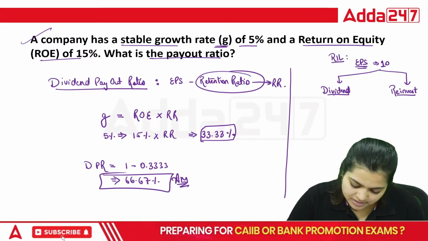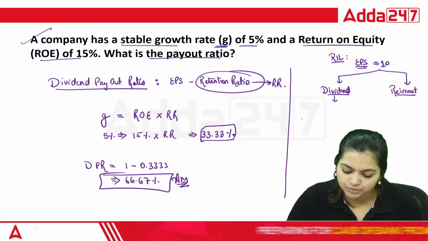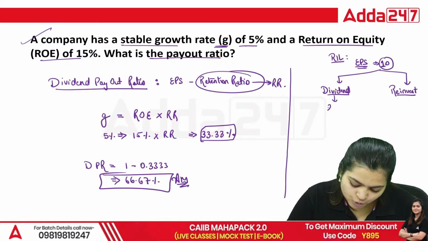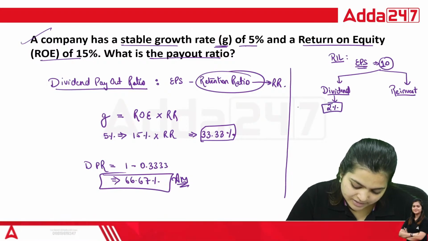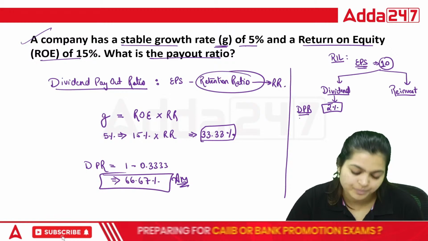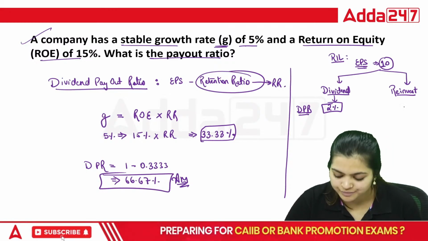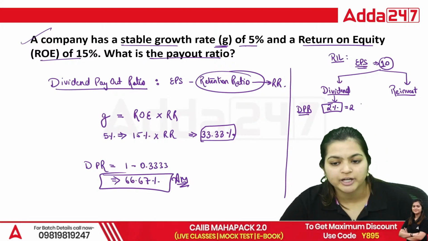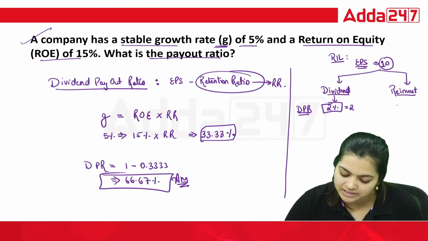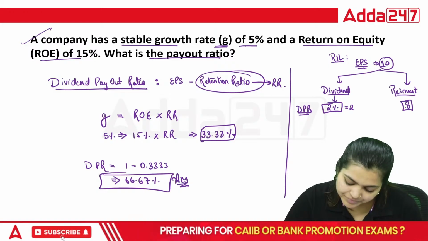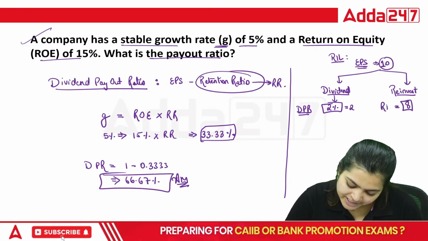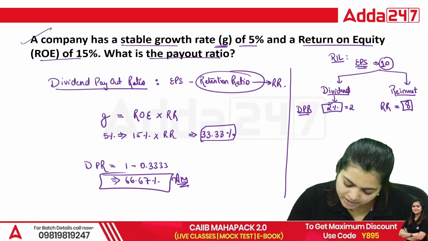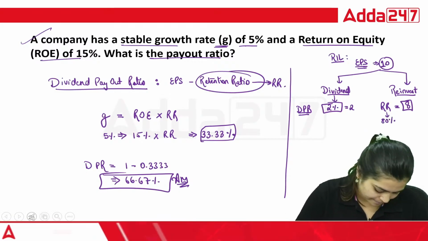So this dividend amount they are paying out of this 10, suppose they are paying 2 rupees, that is the dividend payout. And the remaining amount they are investing. If they are paying 2 rupees to their shareholders, what is their reinvestment amount? That is going to be rupees 8. So this 8 is their retention. So the retention ratio is 80%.